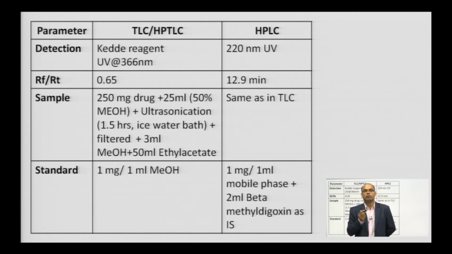The sample preparation for this analysis was the same as we have discussed in TLC analysis: 250 mg drug, 25 ml water, methanol, ultrasonication in an ice bath for 1.5 hours, and filtration. The standard was prepared for HPLC analysis by dissolving 1 mg per ml in mobile phase plus 2 ml of beta methyl digoxin as internal standard.